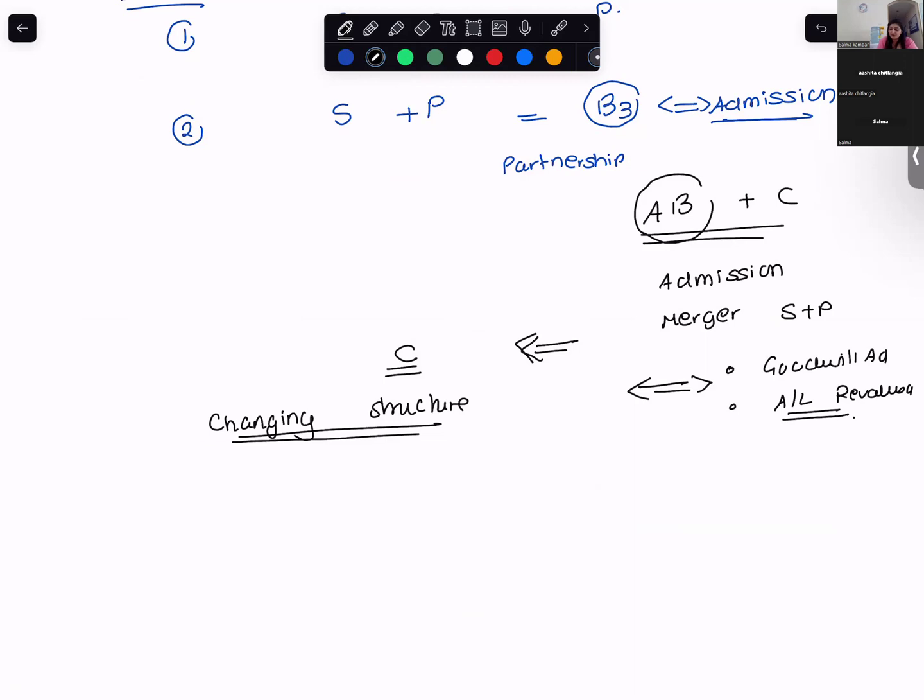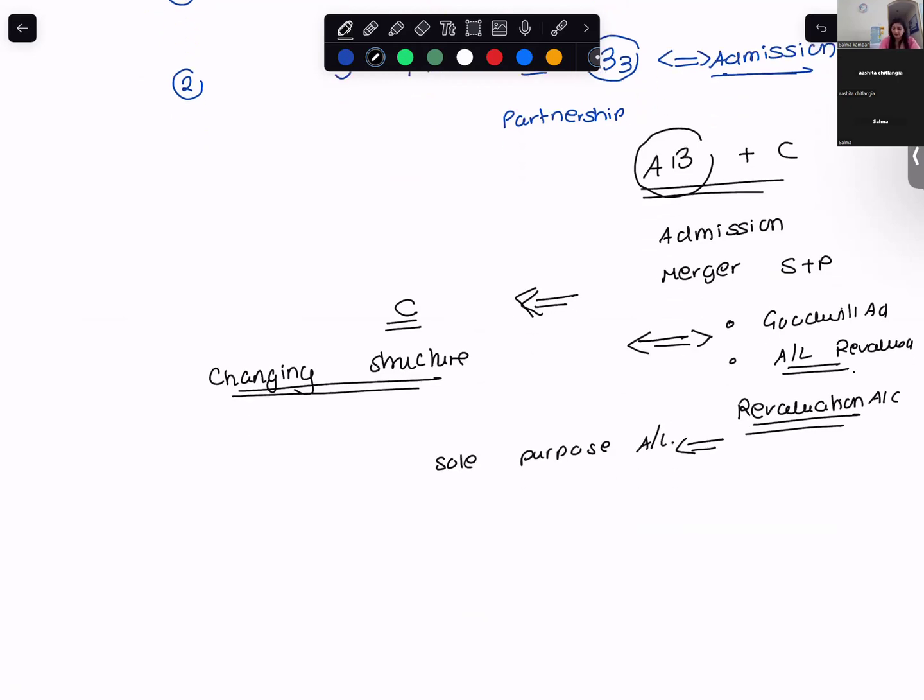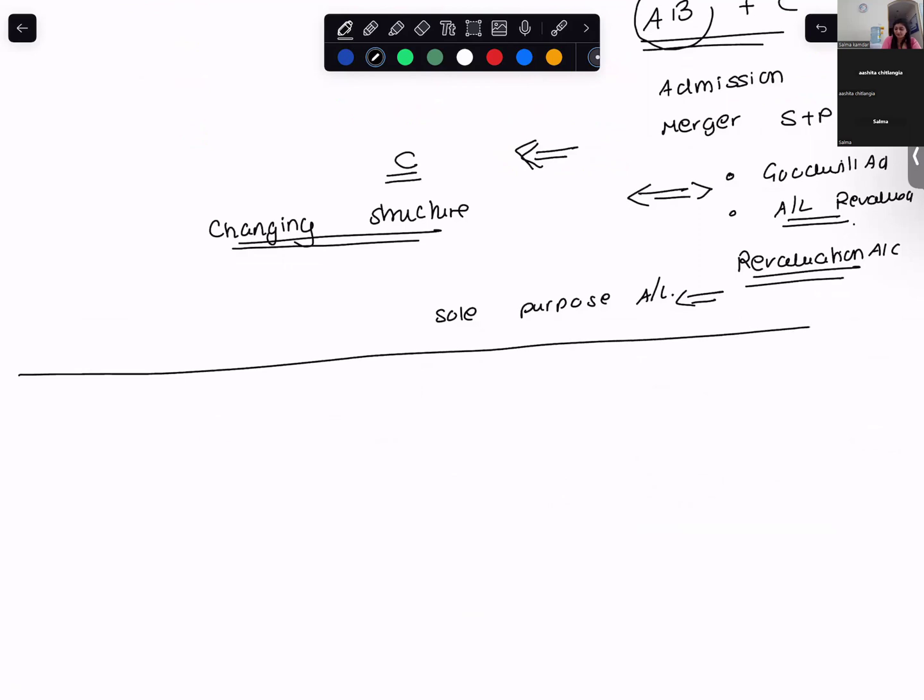Assets and liabilities, whenever they are revalued, are revalued in an account which is called which account? Revaluation account. Revaluation account is made with the sole purpose of revaluing the assets and liabilities. Okay, taking this again for you.